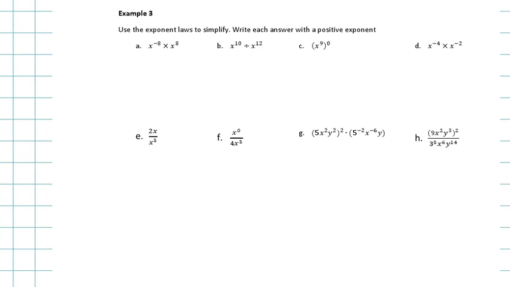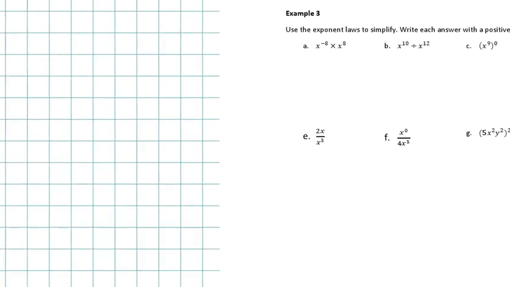Okay? So, let me show you this. If I have, let's say, x to the power of negative 3 over x to the power of 5, I don't want to flip that x to the power of negative 3 yet. What should I do with my exponents first? Subtract them because I'm dividing. So that's going to be x to the power of negative 3 minus 5. You see what is happening?